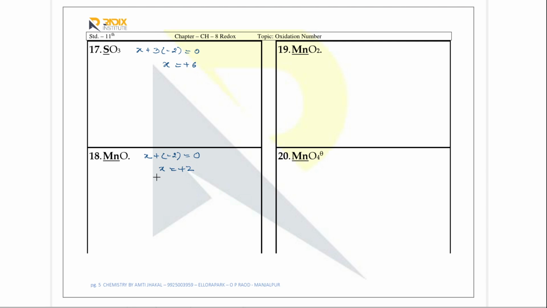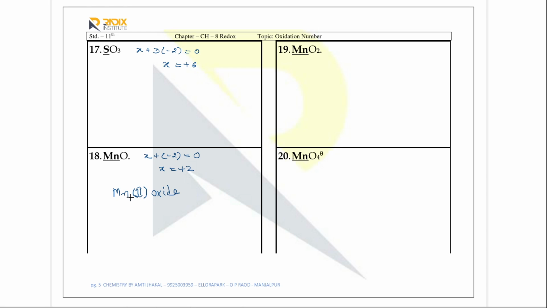So here we can apply the Stock notation and we can write it as manganese. Stock notation, German scientists used this system very frequently, where they used to mention the oxidation state of the metal to represent the compound. That is manganese(II) oxide.